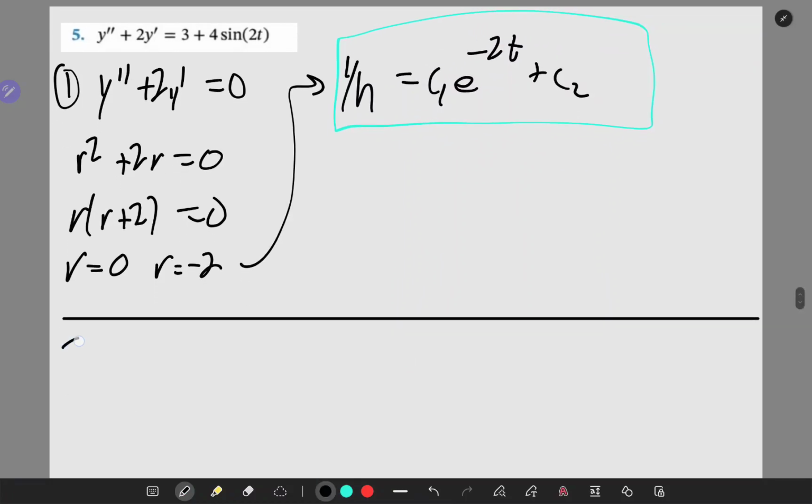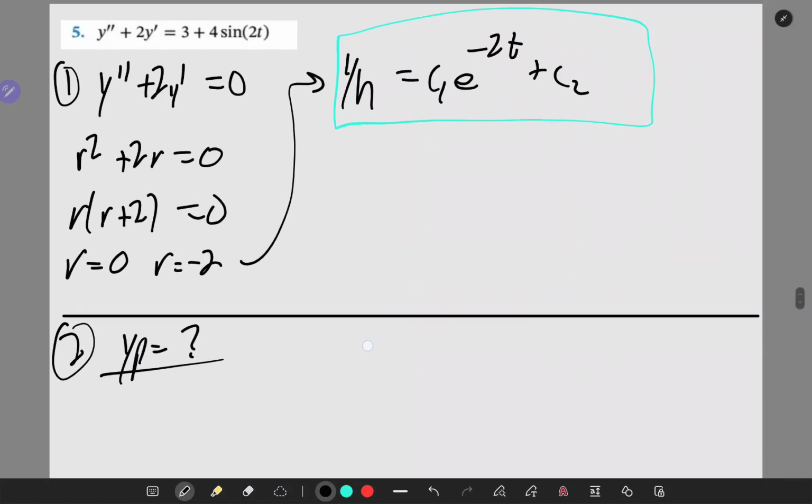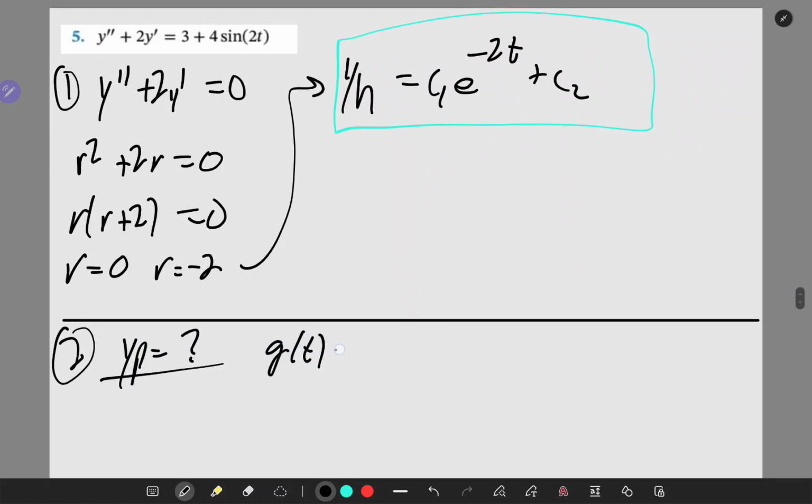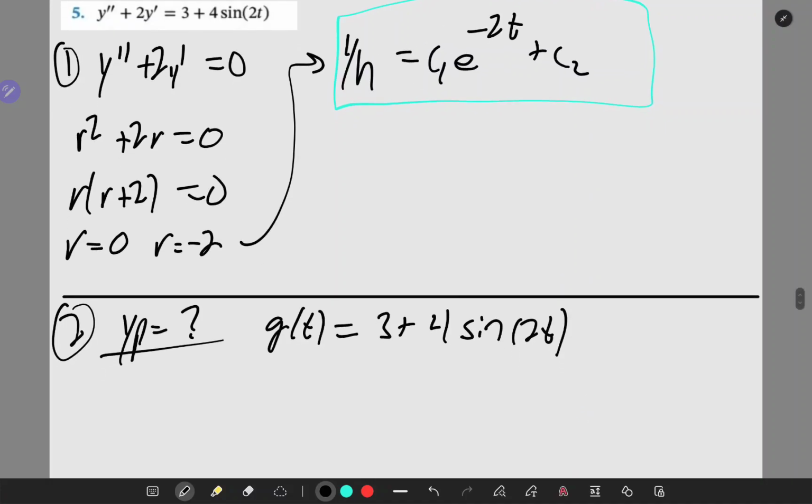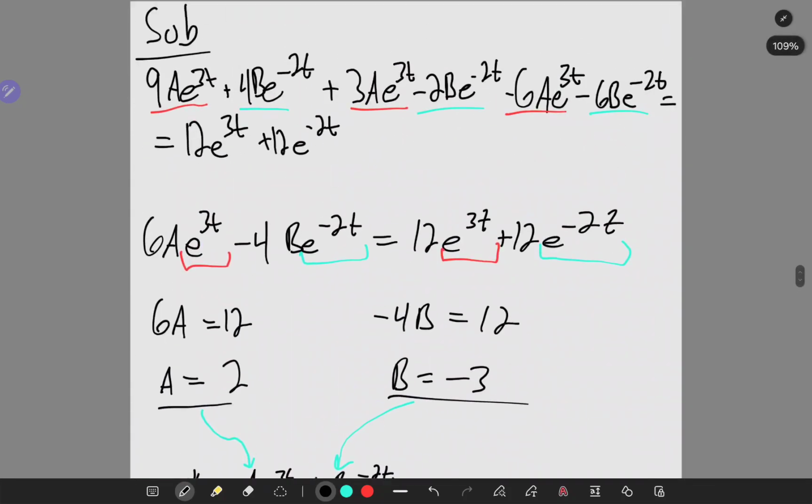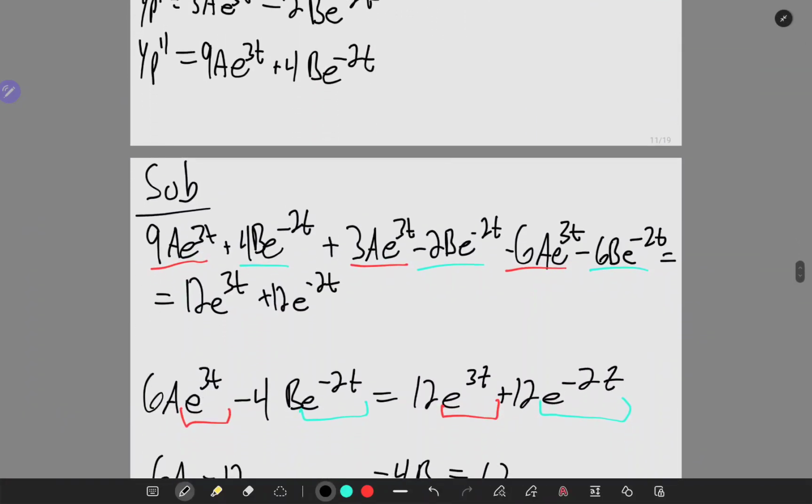Step 2, propose our y sub p, right? When our g of t is 3 plus 4 sine of 2t. One thing I forgot to mention in the last problem, I always forget this.